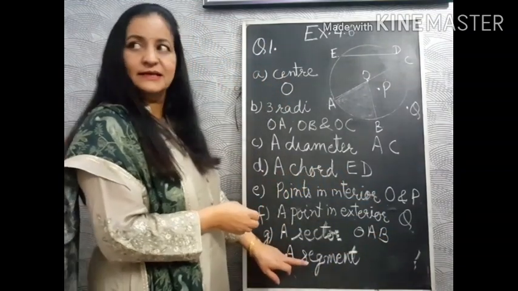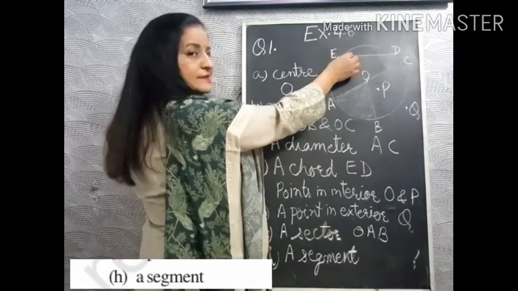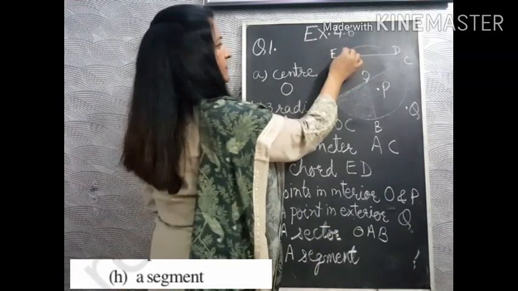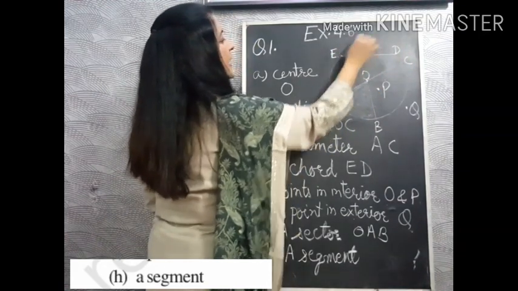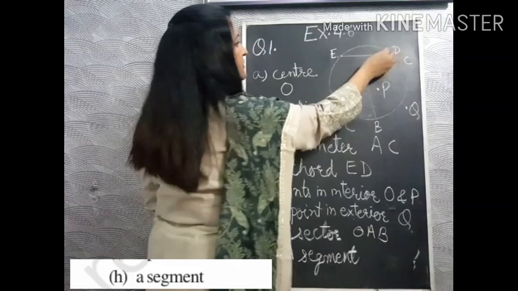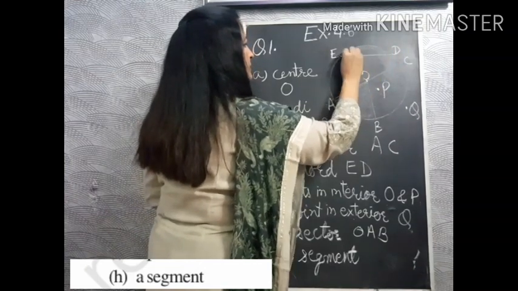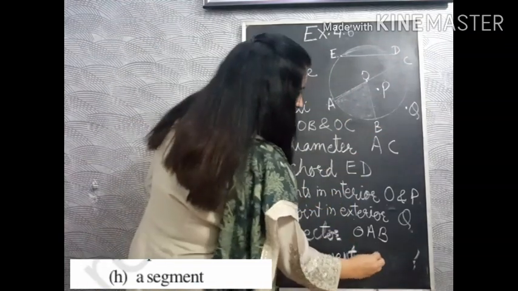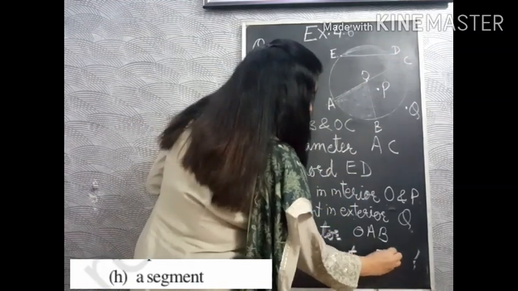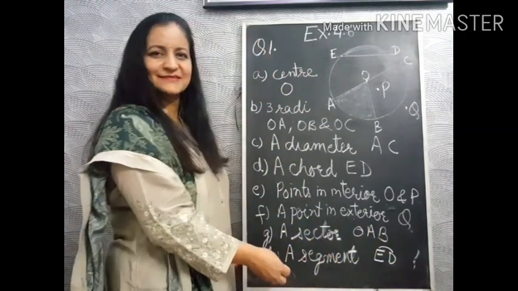Now last one is segment. Segment is the area of the circle with one line and an arc. So this portion is segment of the circle. This is ED and you can put an arc over it.